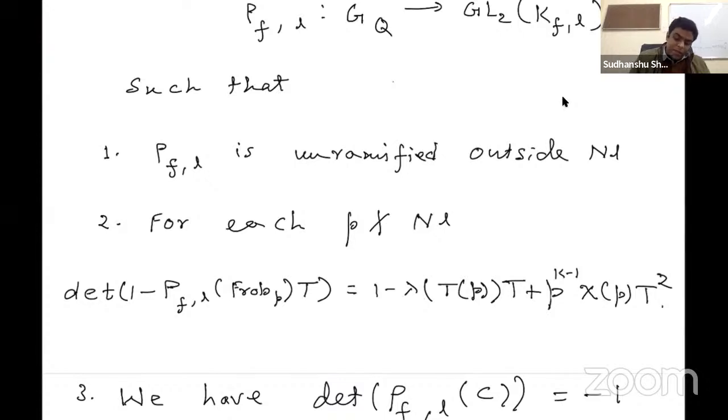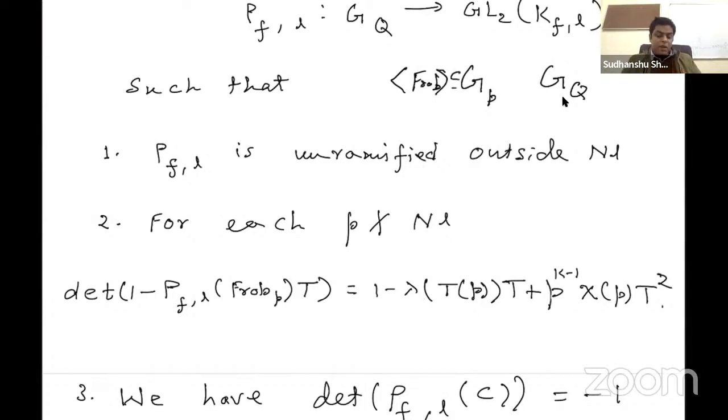And for each prime P not dividing NL, you can also say what the trace and determinant of the image of Frobenius at the primes are. So you have a Galois representation here. You have the absolute Galois group G_Q here, and inside that at every prime you have a decomposition subgroup, and then here you have a class of Frobenius element.